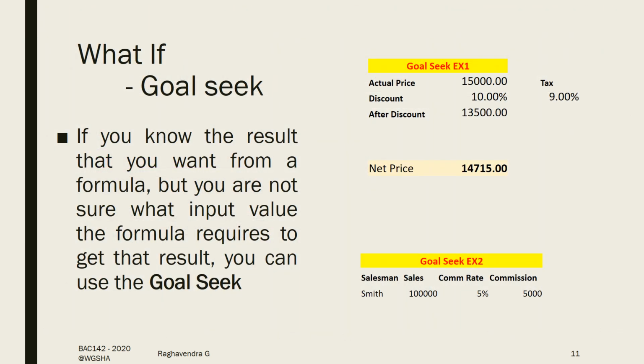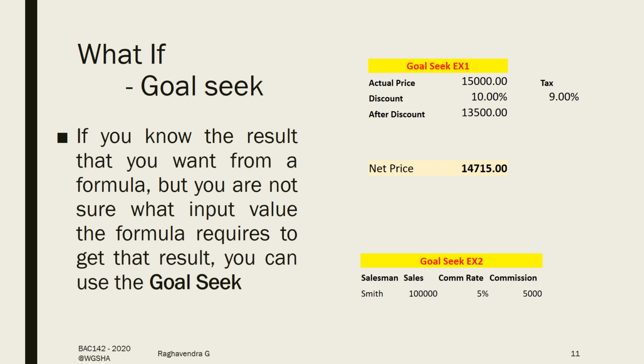Okay, under What-If Analysis, we have Goal Seek. Goal Seek is like you want to set the target value, and to get that value, what should be the value of a particular parameter of a formula.